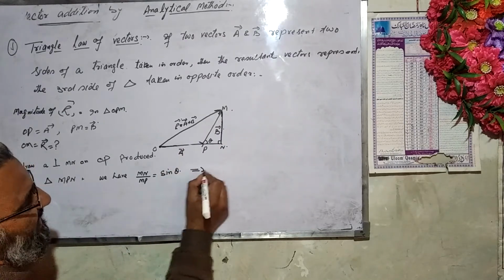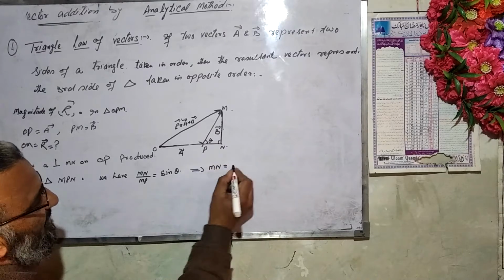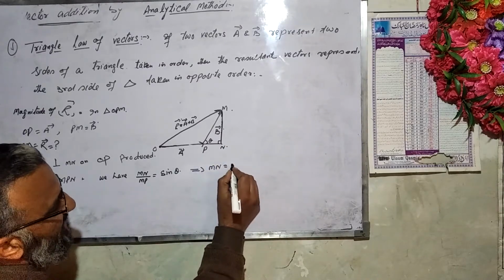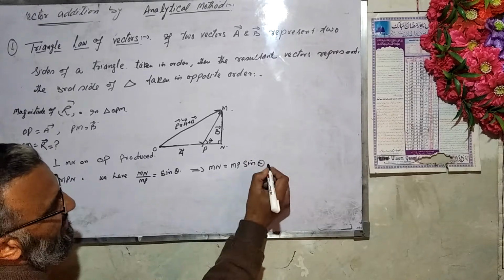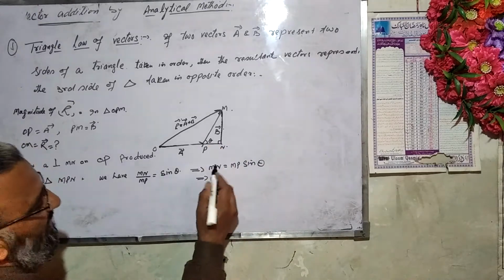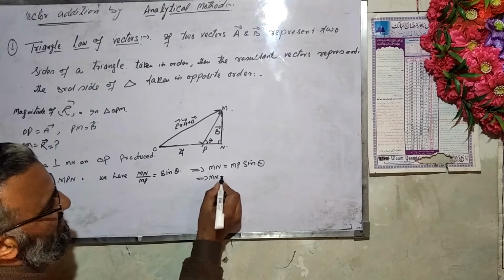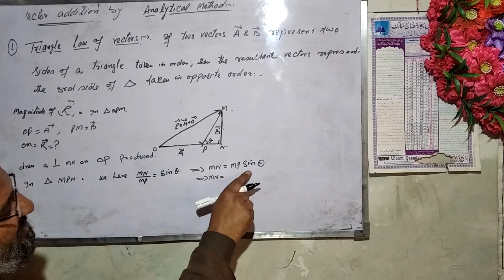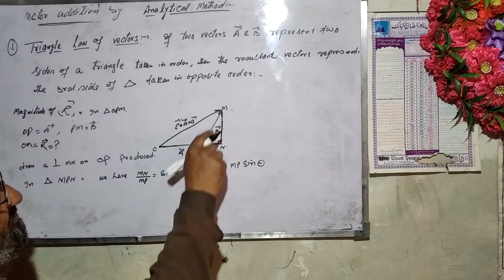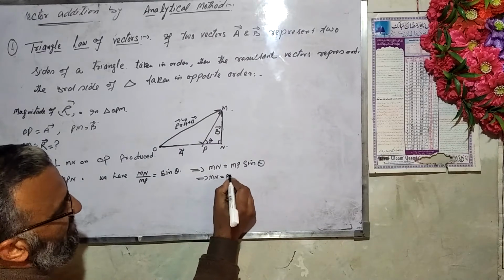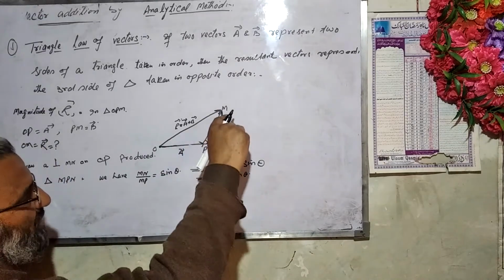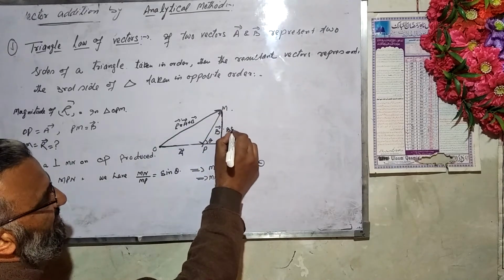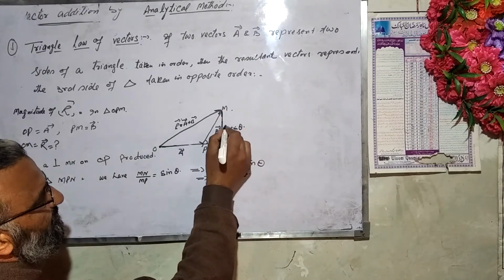Or we may say that MN is equal to MP sin theta. और हम ऐसे भी लिख सकते हैं, MP means B, that is B sin of theta. So MN is equal to B sin theta.